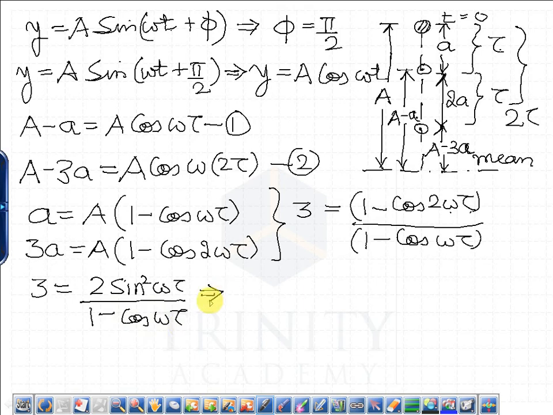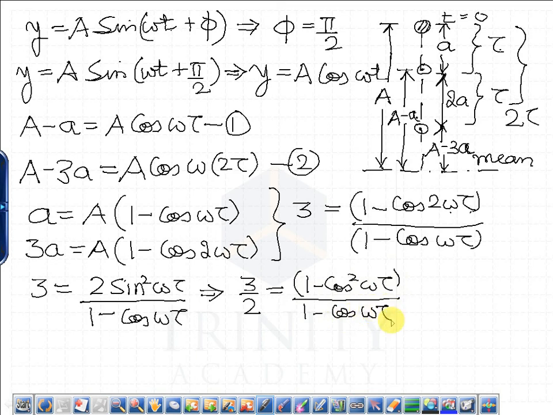That gives us, if I take 2 to the left hand side, 3 by 2 equals sine square omega tau, which can be written as 1 minus cos square omega tau, divided by 1 minus cos omega tau.